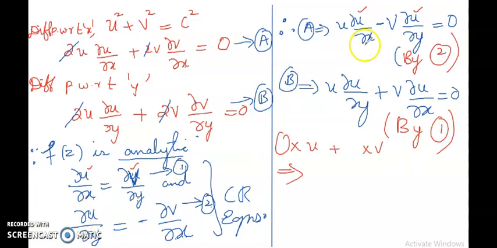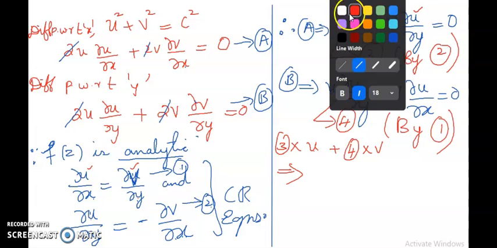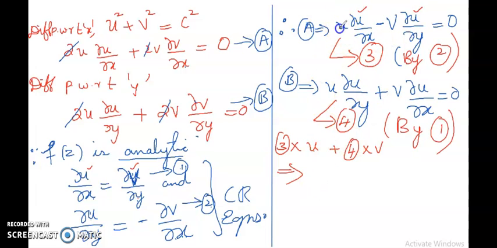Now we consider these two equations; the first can be taken as 3 and the second as 4. Now 3 into u plus 4 into v. Multiplying equation 3 by u, we get u square dou u by dou x minus uv dou u by dou y.